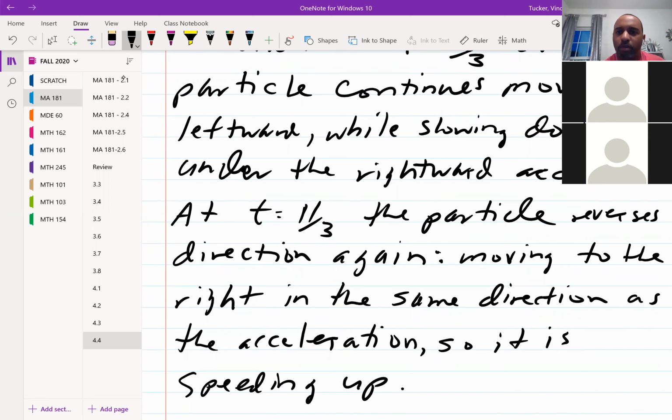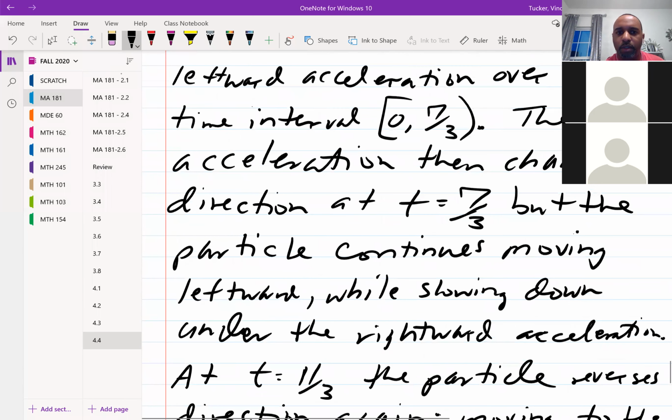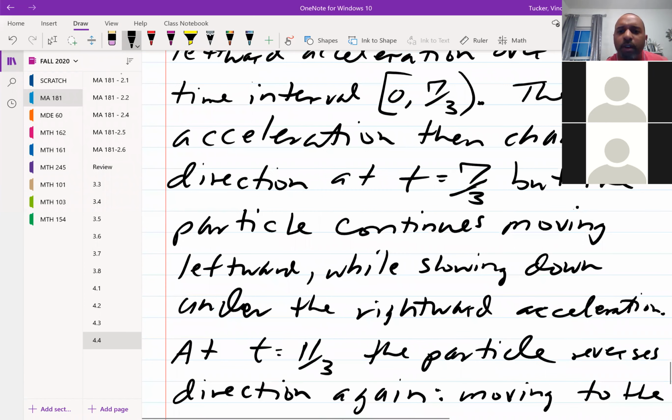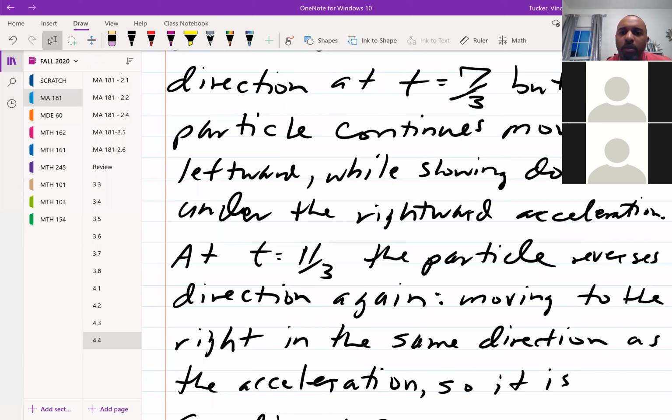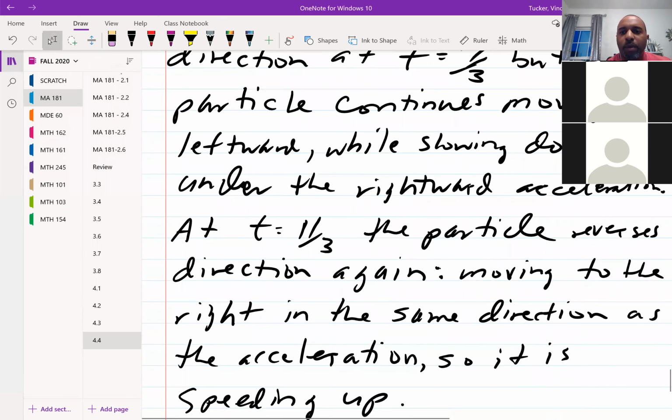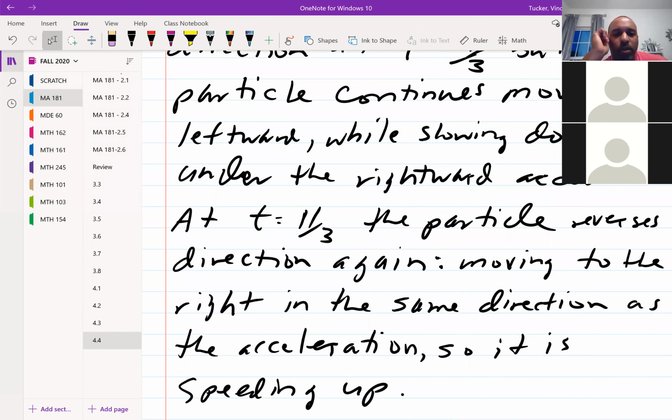All right, so I think that was it. So the acceleration then changes direction at t equal to 7 over 3, but the particle continues moving leftward while slowing down under the rightward acceleration. At t equal to 11 over 3, the particle reverses direction again, moving to the right in the same direction as the acceleration.